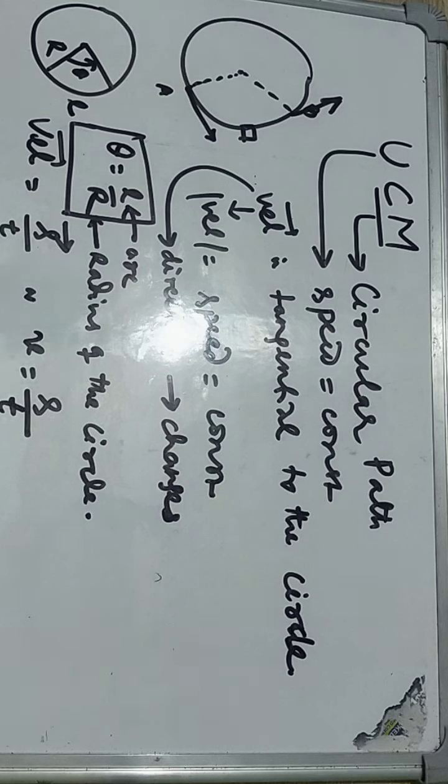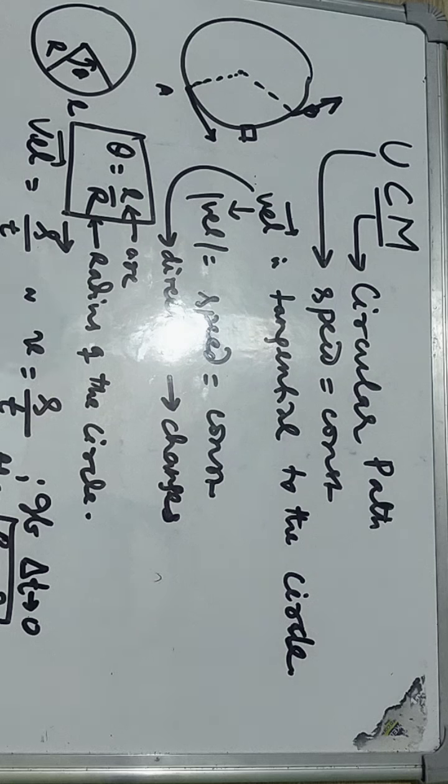If the time duration t becomes delta t and delta t tends to 0, then this L becomes S.